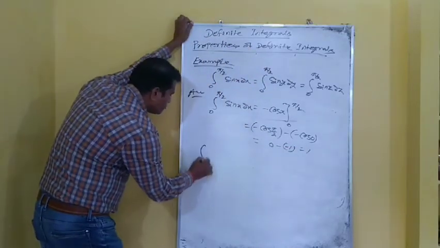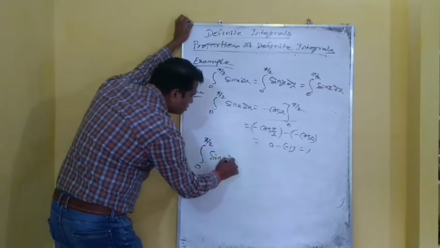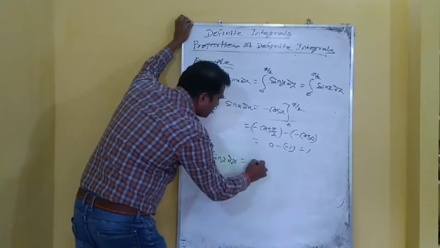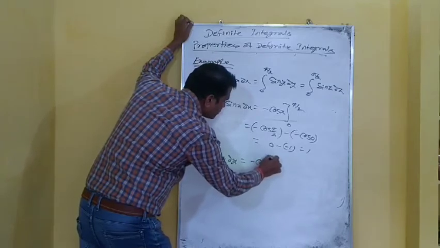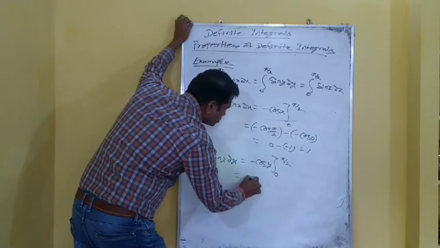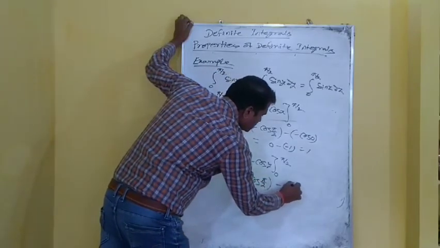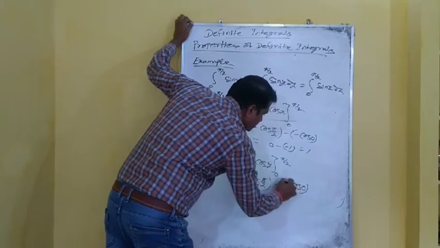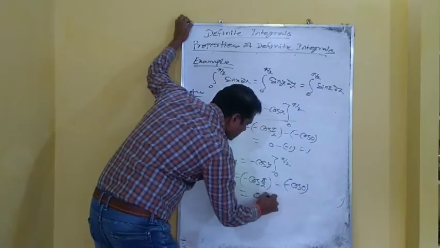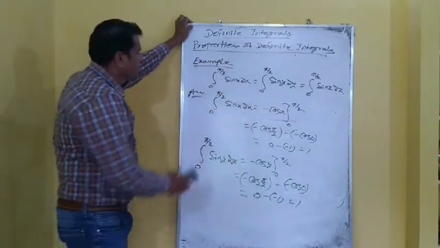Similarly, the integral from 0 to pi by 2 of sin y dy, we write minus cos y from 0 to pi by 2, that is minus cos pi by 2 minus cos 0, that is also 0 minus 1, which also equals 1.